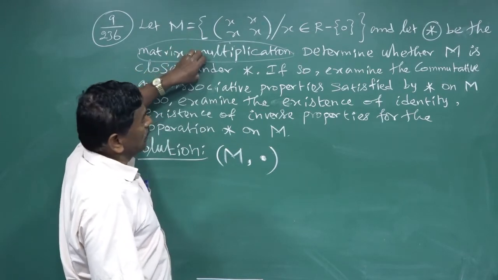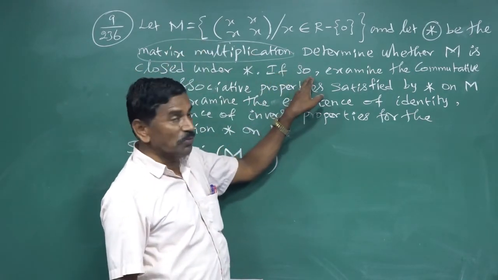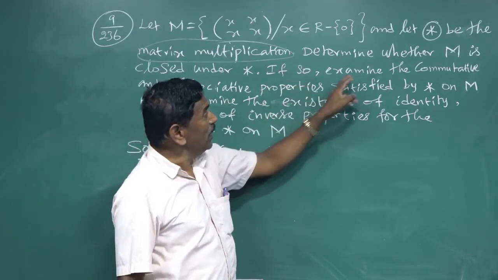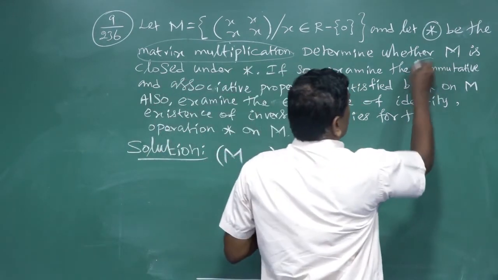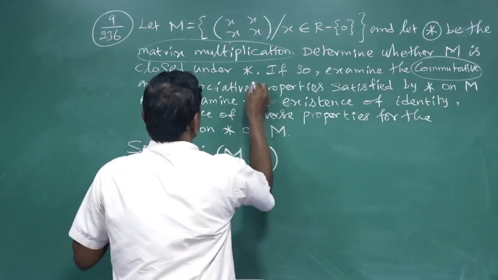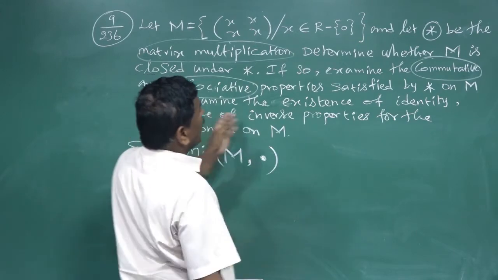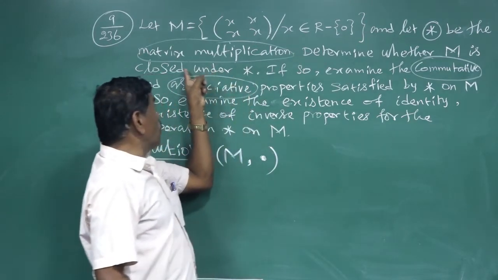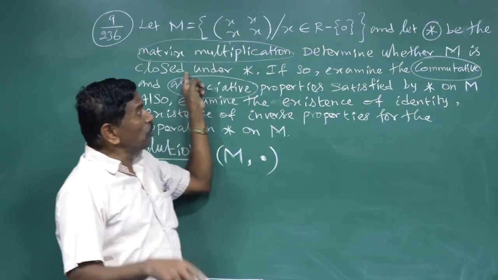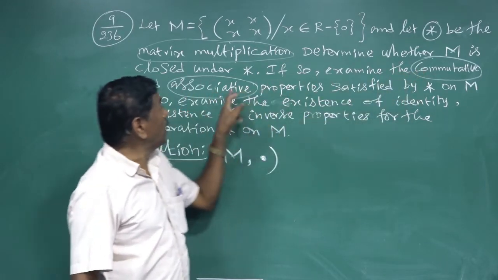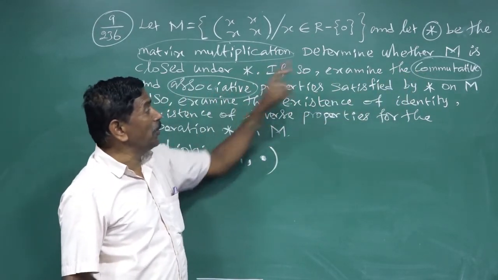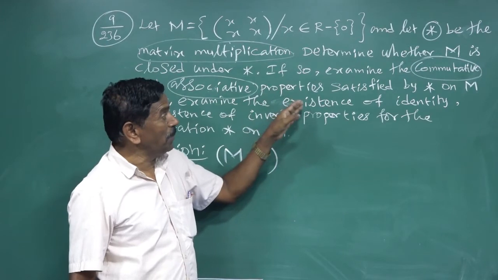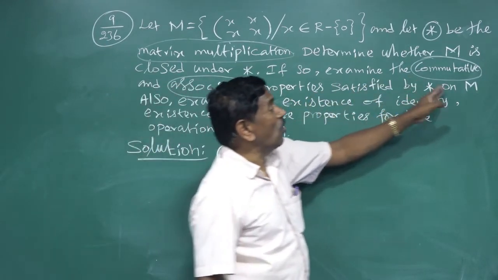If it is closed, then examine the commutative and associative properties, that is, whether they are satisfied by star on M.